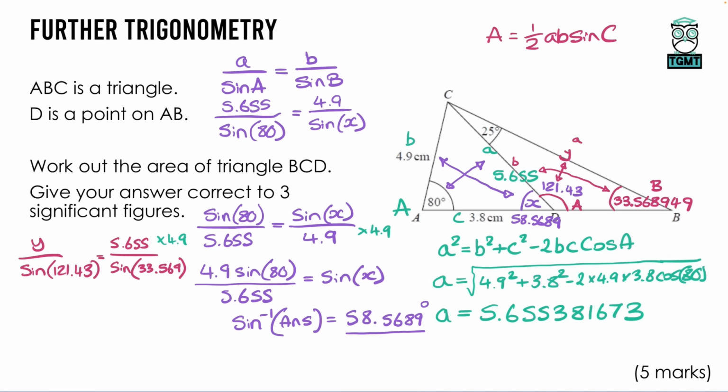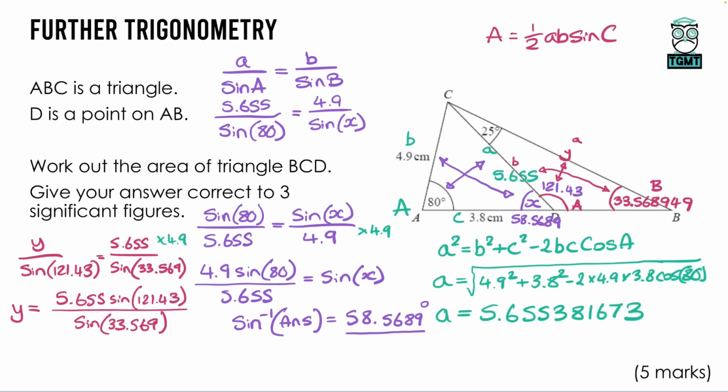I need to rearrange this, so y is equal to, and then I'm going to have the sine 121 up on the top, so 5.655 sine 121.43 all over sine of 33.569.